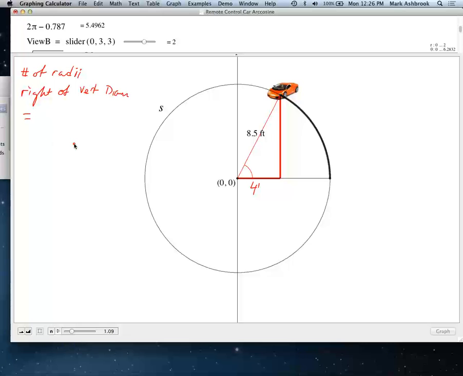How would you represent that number of radii right of the vertical diameter? Ryan said 4 divided by 8.5. Okay, so the number of radii to the right of the vertical diameter. Well, that should sound familiar. We have another way of expressing that.